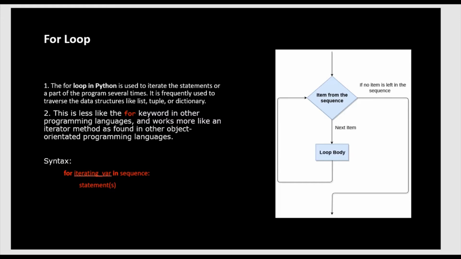It is less like the for keyword in other programming languages, and works more like an iterator method as found in other object-oriented programming languages. So here the syntax is for iterating variable in sequence: statement. Here is the workflow of for loop. For each item in the sequence, the next item is executed until the statement is true. After it is executed, it will show the output.